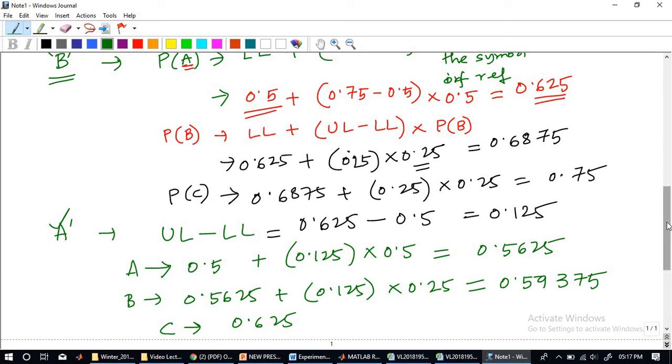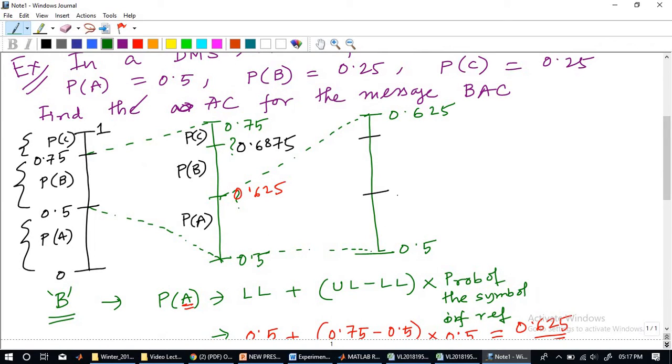So if I go back to the diagram, this value is coming as 0.5625 and this value is coming as 0.59375. Right?